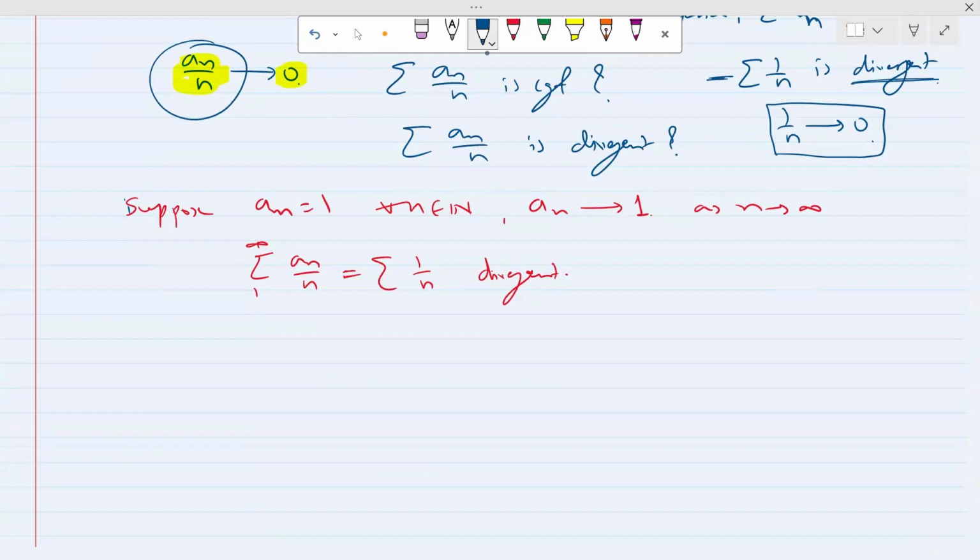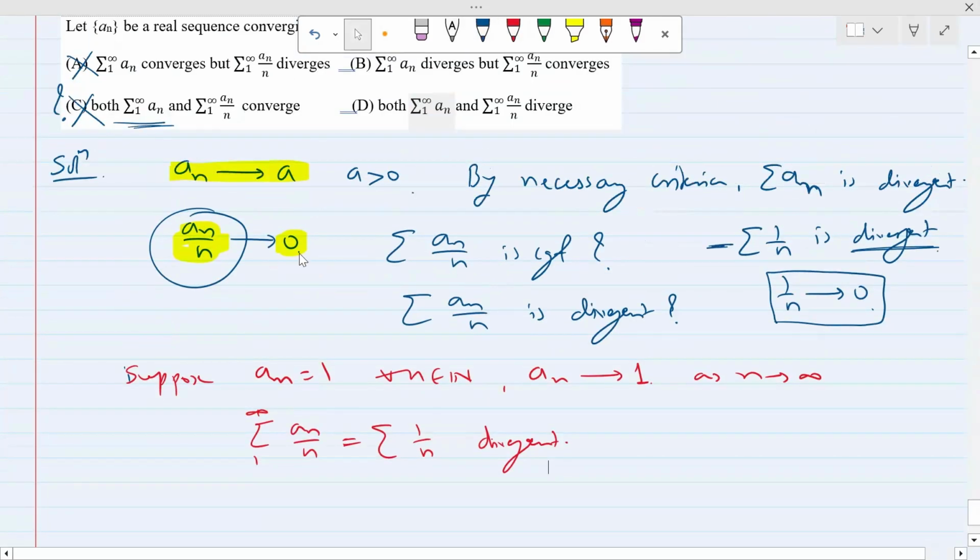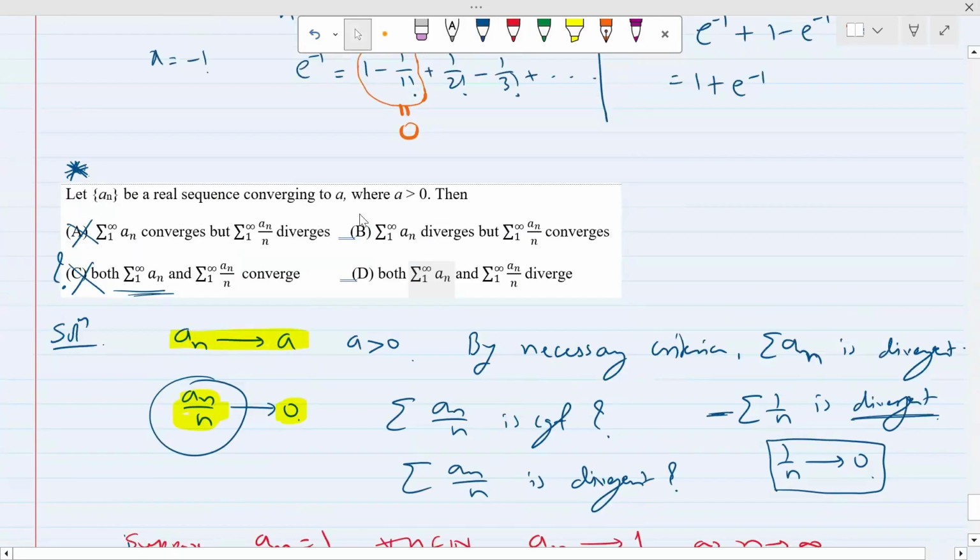Okay. So it seems it's not easy to find any counterexample for a sequence an going towards some fixed positive constant with the series an by n convergent. So we'll try another way, proving that it diverges for any sequence an satisfying this hypothesis.